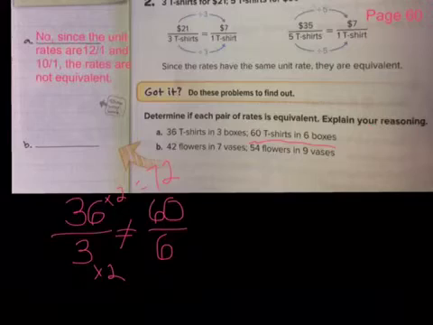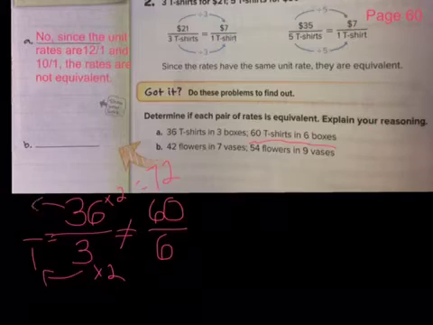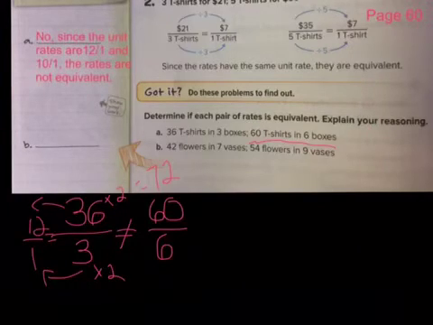Okay, well now we're being asked if they are equivalent, and we have to explain our rationale. Well, if we look at this and we try to bring it down to a unit rate, we bring the 3 down to a 1. You see that right there. We have to do the same thing to the 36. So we divided the 3 by 3 to get 1. We divide it down by 3, so we have to divide 36 by 3, and that'll give us 12. Okay? And let's do the same thing with the 60.